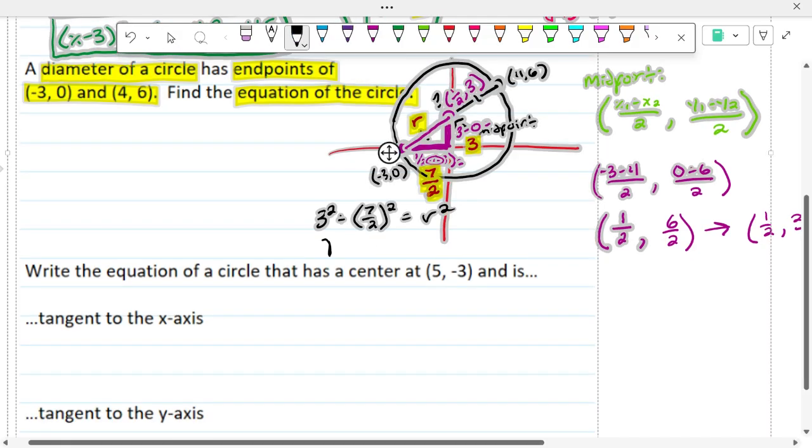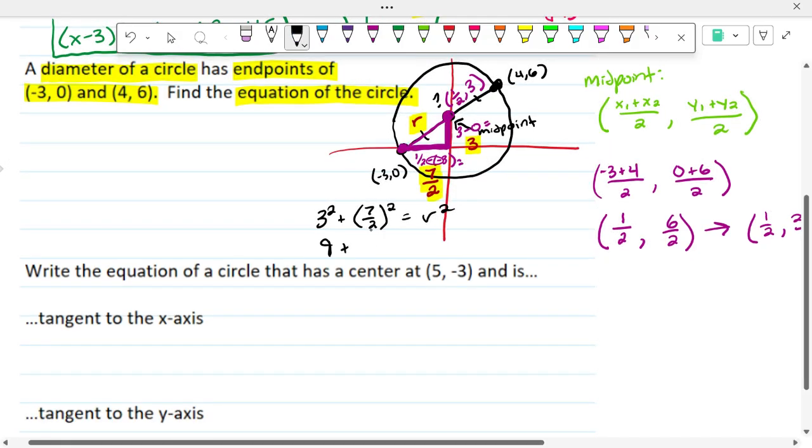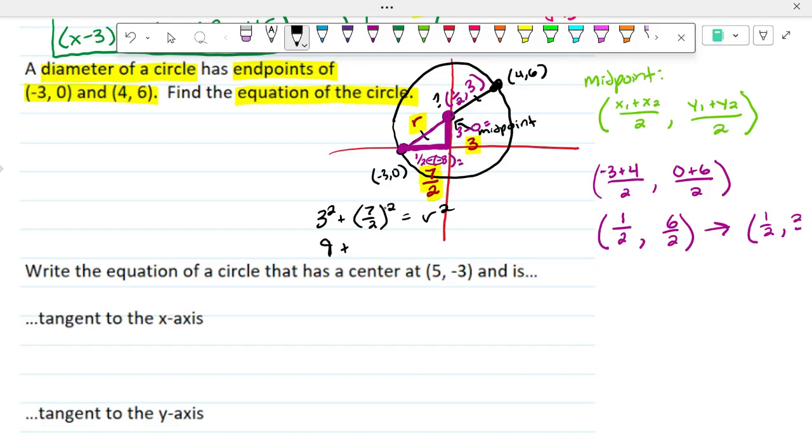So this would be 9 plus, if you square a fraction, it's the exact same thing as squaring the top number and squaring the bottom number. You just leave it as the top number squared over the bottom number squared. So it'd be 49 over 4. It's equal to r squared.